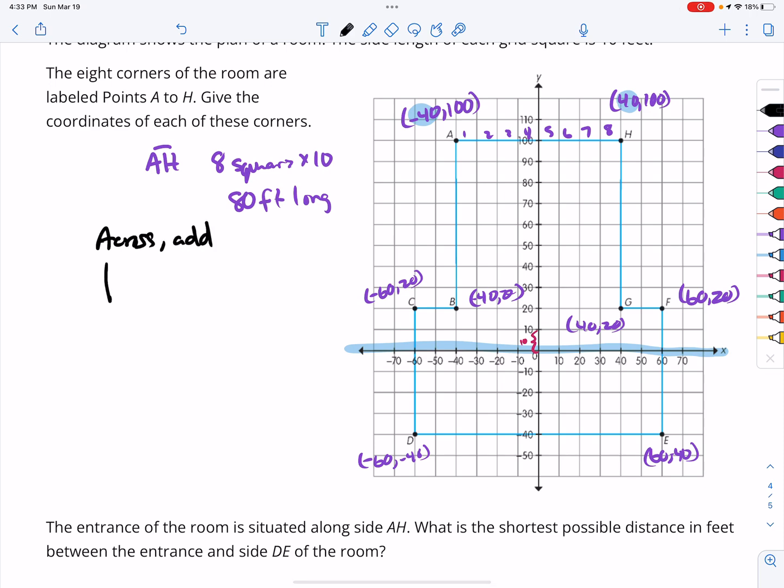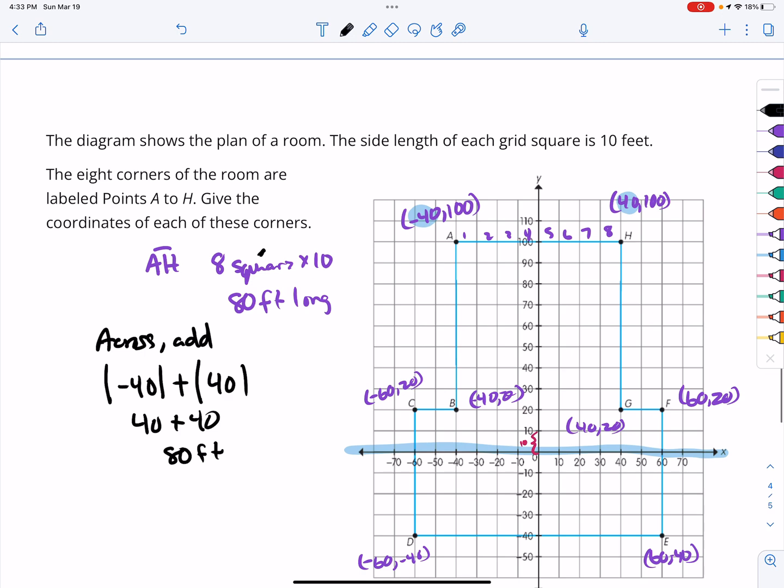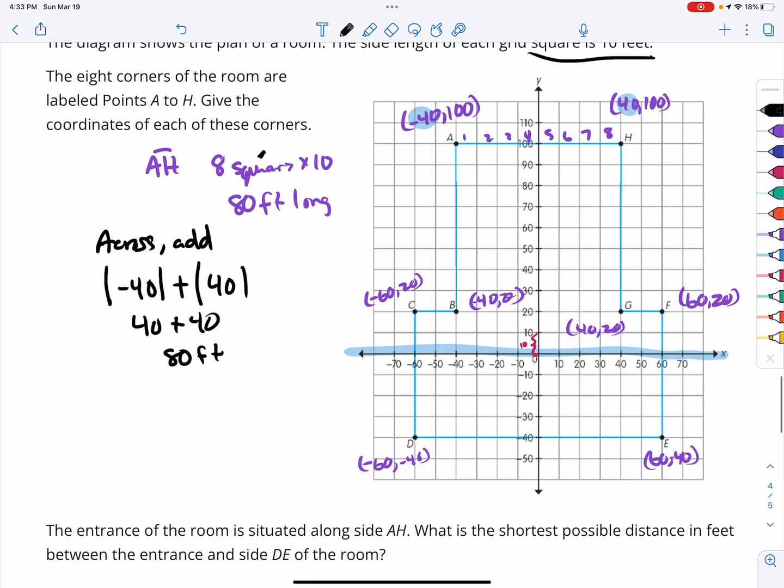So we are going to do the absolute value of -40 plus the absolute value of 40, which is 40 plus 40, or 80. And we got the same answer, 80 feet. And so those are the two ways. What's nice using the coordinates is that you don't have to worry about converting the number of squares by how big each grid is, but it does get you that answer there.